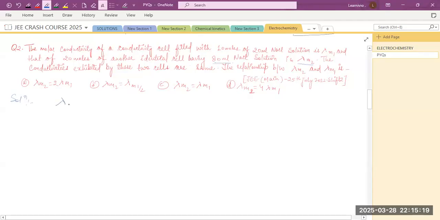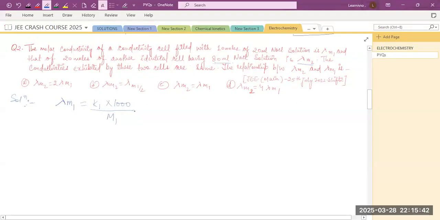We know the formula of molar conductivity is K into 1000 upon the molarity. For the first NaCl solution, I'm writing it as 1.